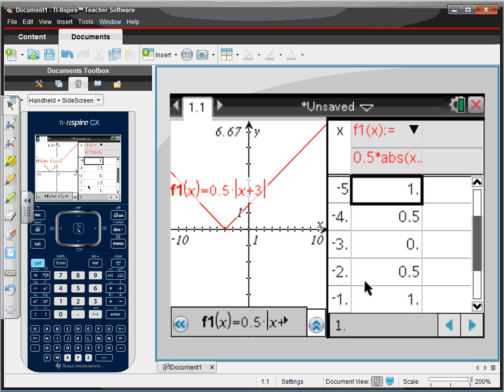Just hit home. It won't run at all. The battery's dead.